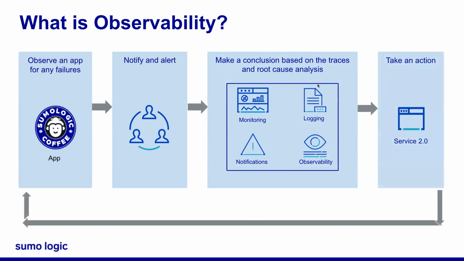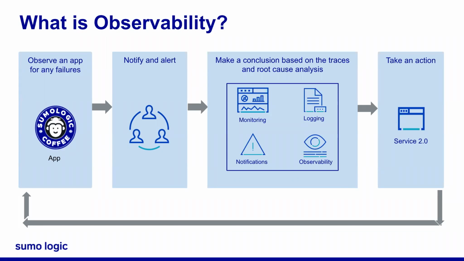And so, to start showing what observability is: utilizing an app, being notified something is not quite right, coming to some sort of conclusion, and then taking an action. Very similar to how we looked at the Cloud SIEM product in the afternoon on Tuesday.